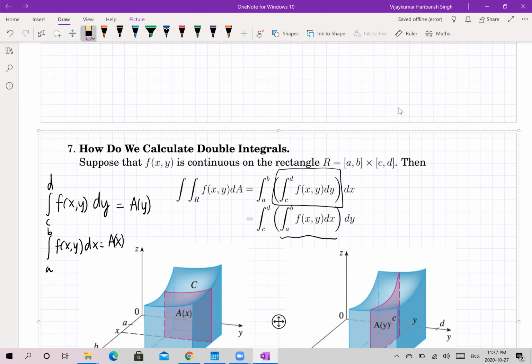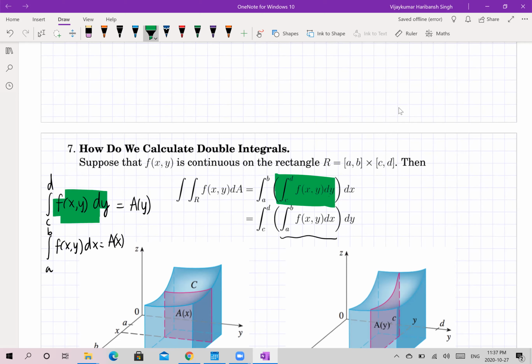What you do is integrate from c to d of f(x,y) dy first, this part here. So what does it mean? It means you're integrating f(x,y) with respect to y. So x is treated as constant. So you compute A(y).